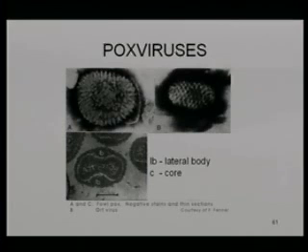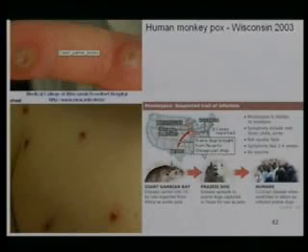In this case, it's not all around the core. They are packaged on either side. So in a way, if you could see this in 3 dimensions, it probably looks something rather like a red blood cell with a hollow in the middle, and the lateral bodies are filling the hollow on either side. So the DNA is in here. Okay?